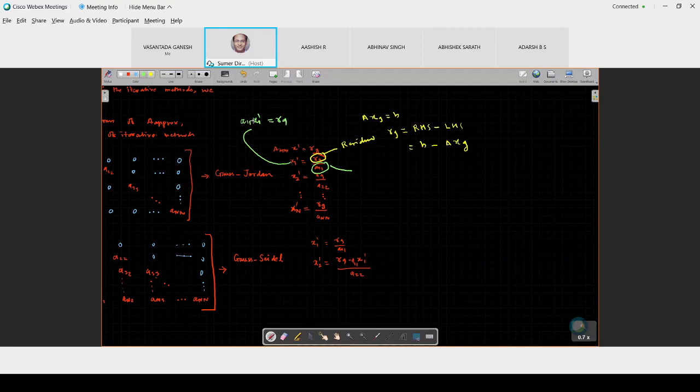The point under consideration is x1, so its coefficient is the central coefficient. For the second case, the central coefficient is a22.